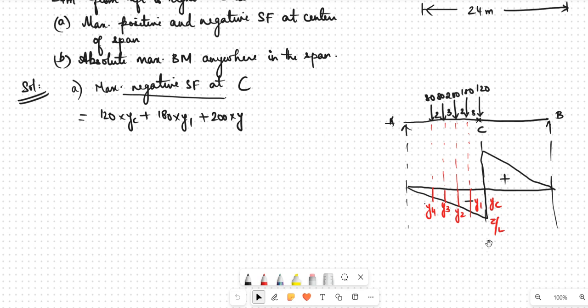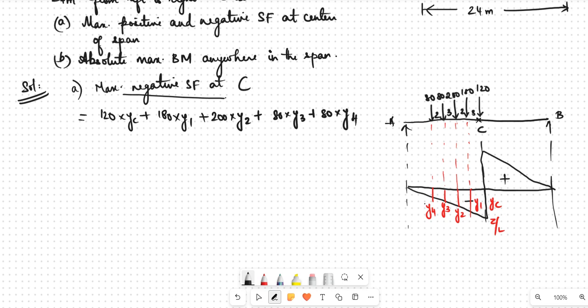Now the maximum ordinate is given by yc, which is z by l. So referring to the figure, we can easily write that maximum negative shear force at C is nothing but 120 into yc plus 180 into y1 plus 200 into y2 plus 80 into y3 plus last 80 into y4.